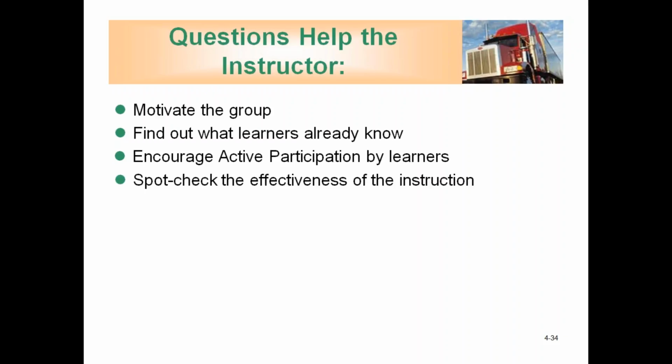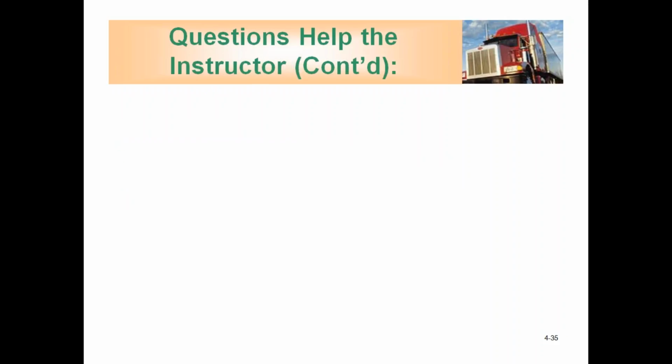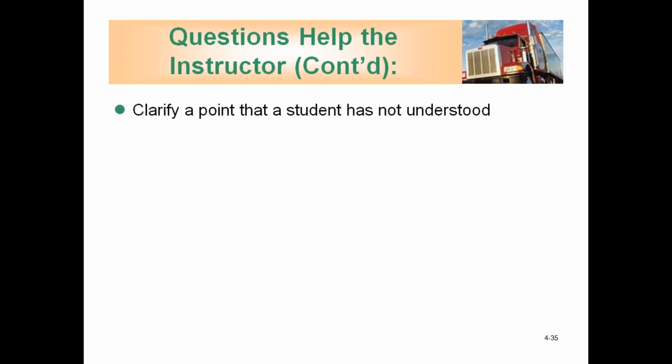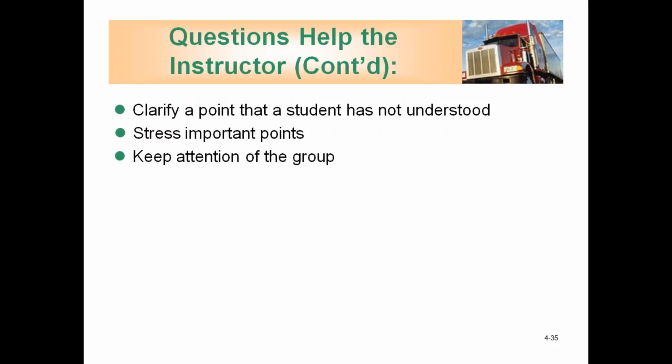Then spot check the effectiveness of the instructions. Instruction in the sense of whatever instruction we are using. So spot check the effectiveness of the instruction presented. Now these are the various questions that help the instructors. Then next is clarify a point the student has not understood. If the point is not understood by the student, you have to clarify again and again until the student is satisfied with the content.